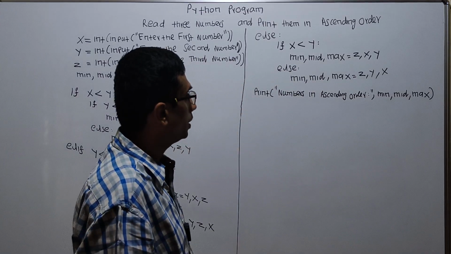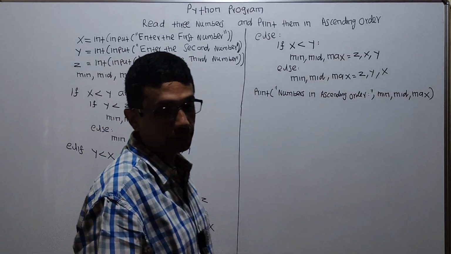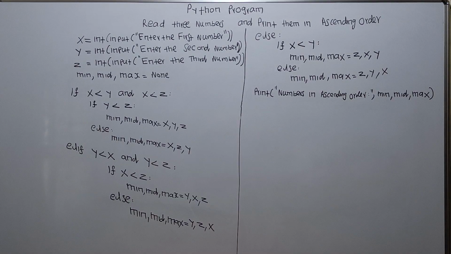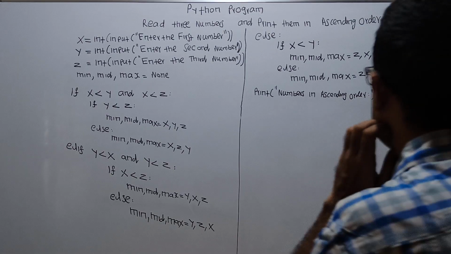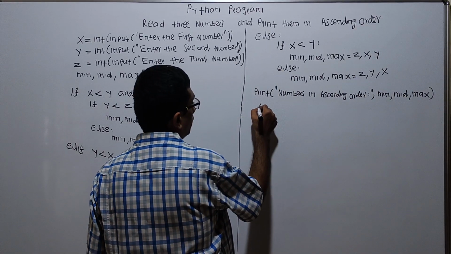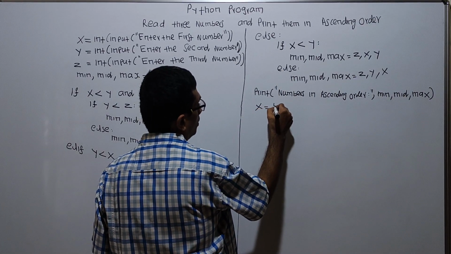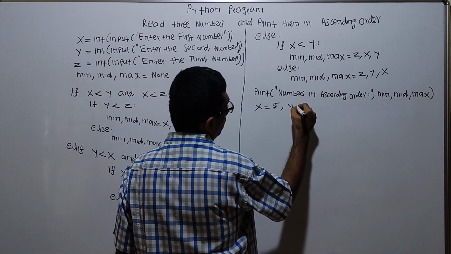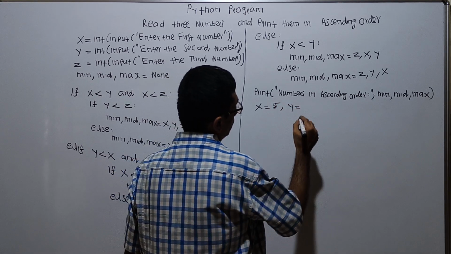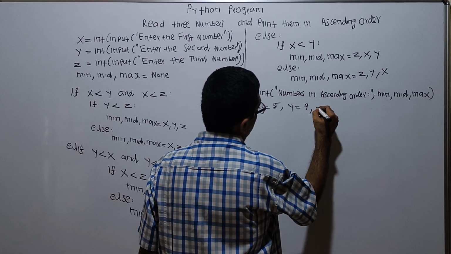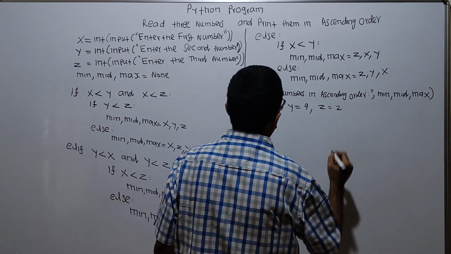Now we will take a sample input and check how this program works. So here I am assigning x equal to 5, y equal to 9, z equal to 2.